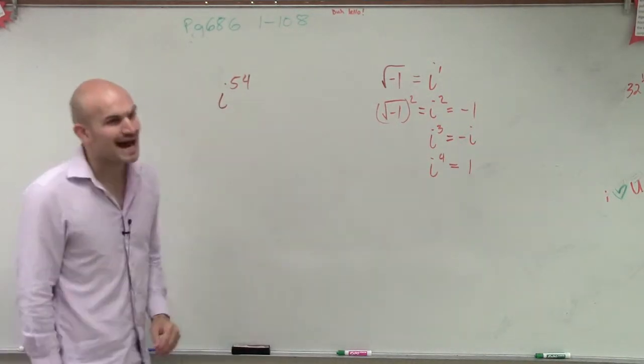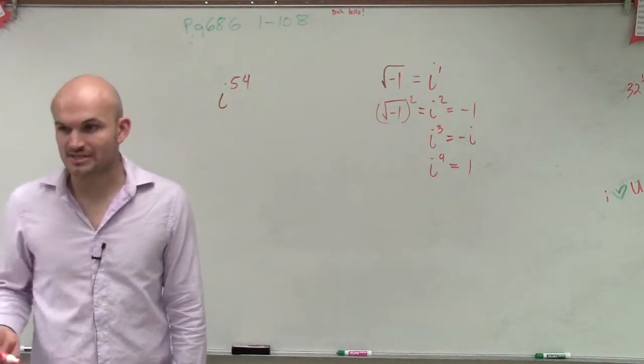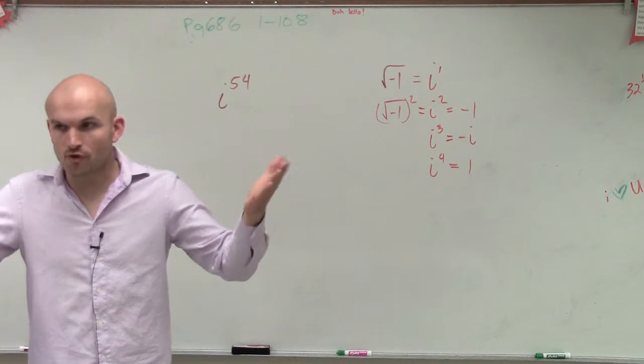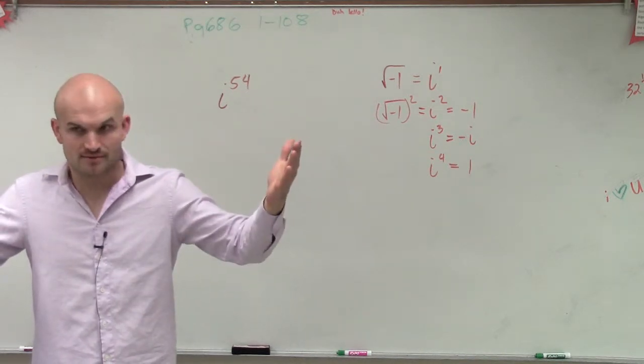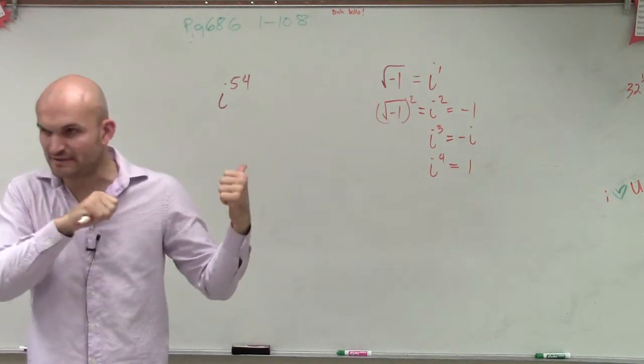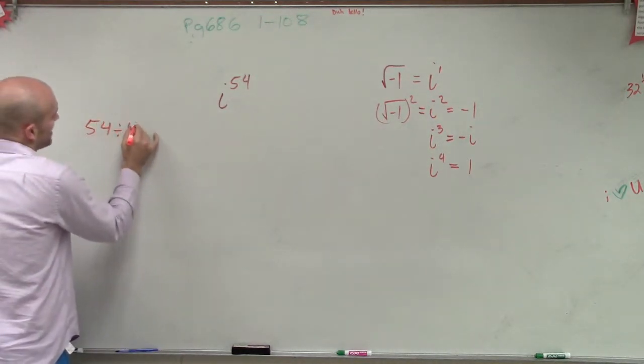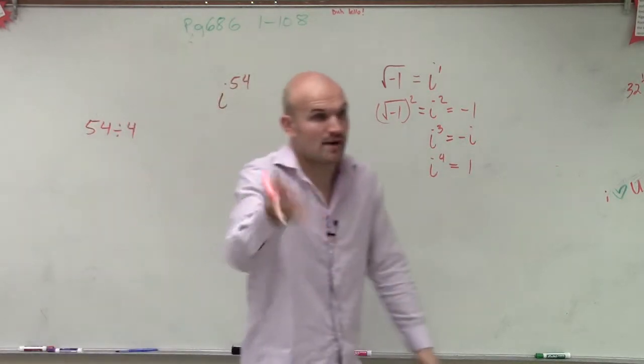So if I say what's i to the 54th, what I want to do is remove as many repetitions as I can. We know it takes 4 terms and then it repeats, right? So how many repetitions are in 54? I say, all right, 54 divided by 4, because remember, 4 terms is a repetition.